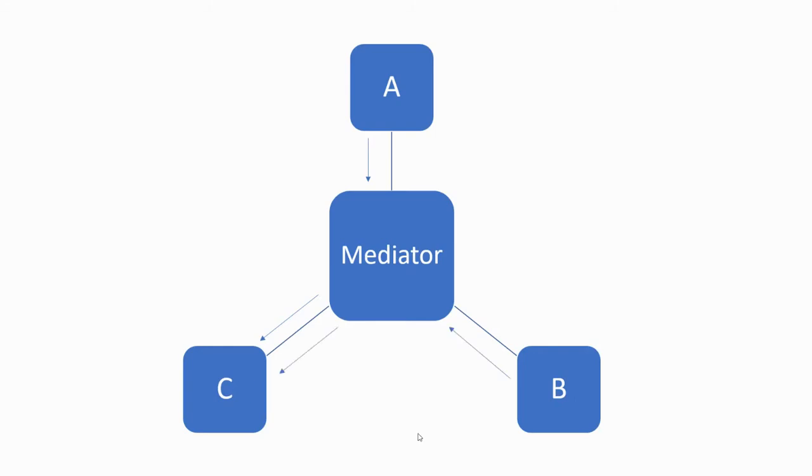So B talks to the mediator, and the mediator then talks to module C, and that functionality is provided to B. Similarly, when B is looking for a functionality that module A is offering, it talks to the mediator, and then the mediator talks to module A, and that functionality is given back to module B. So this is the basic concept of the mediator pattern. And there's more to it. When we implement the mediator pattern in code, you're going to see exactly how it works. But there's a very important concept.